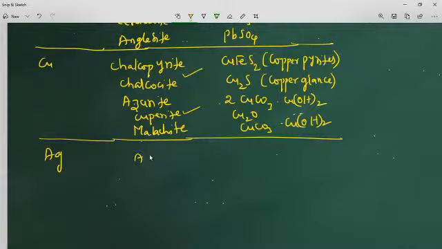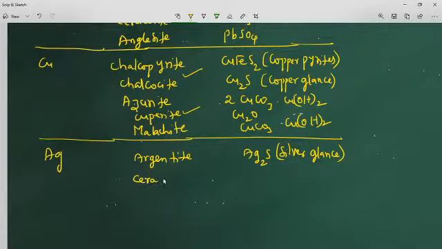Argentite is the first important ore of silver, Ag2S, also called silver glance. Another one is cerargyrite, also called horn silver. Its formula is silver chloride, AgCl. It is horn silver.